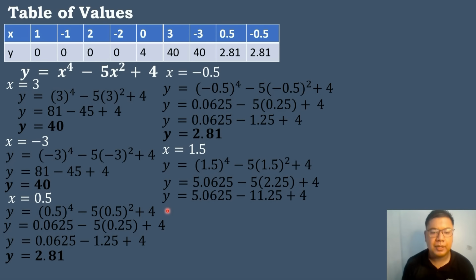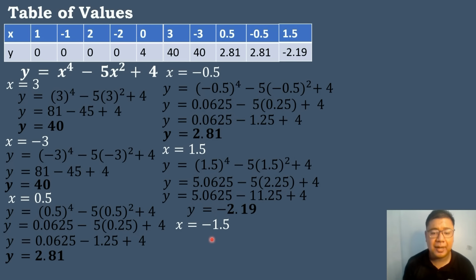Negative 5 times 2.25 is equal to negative 11.25 plus 4. Adding these numbers, we have y is equal to negative 2.19. So if the value of x is equal to 1.5, then the value of y is equal to negative 2.19. So we have (1.5, -2.19).